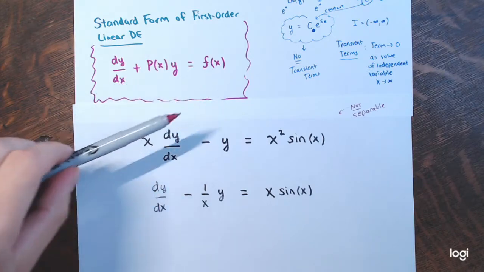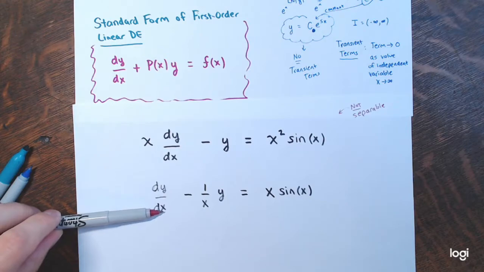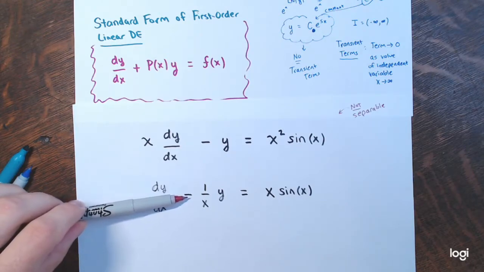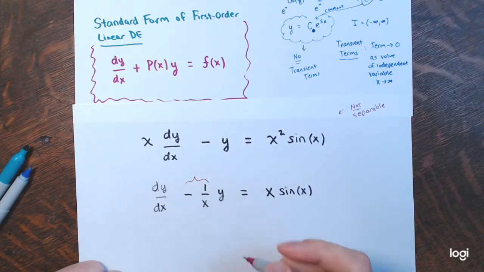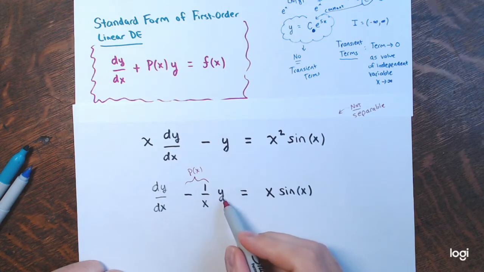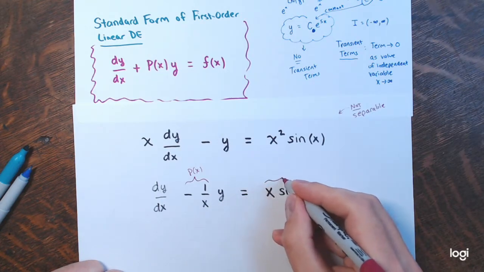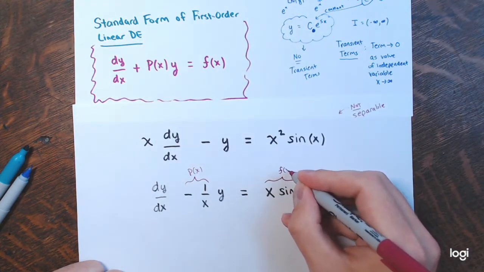I have the derivative of my dependent variable with respect to my independent variable, plus some function of the independent variable, which is this negative 1 over x. That's the p of x mentioned in the form, times y, the dependent variable, equals another function of the independent variable. So that's the f of x.